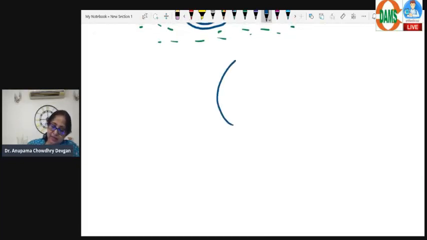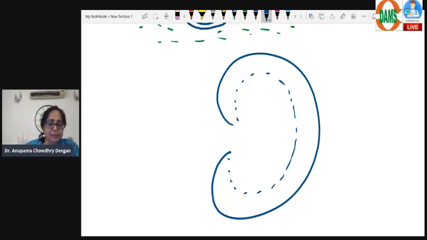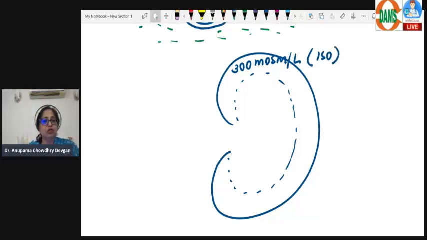Now, if you look at the kidney, there is the cortex, right? And there is the medulla. The cortical interstitium has an osmolality of 300 milliosmoles per liter, which is isotonic, right?